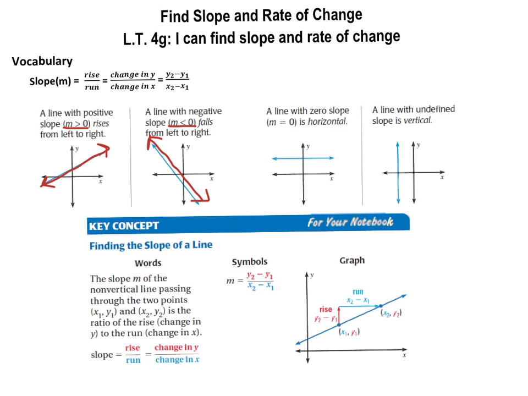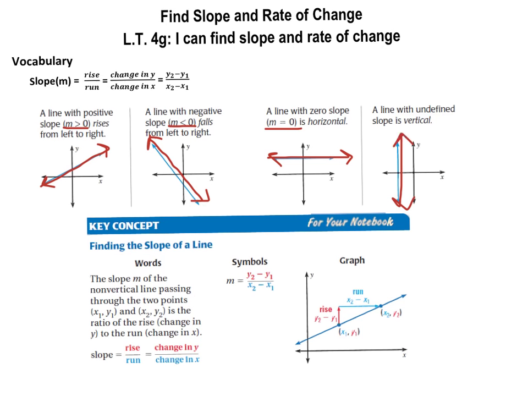Whereas a line with the 0 slope, so if your m equals 0, it just means that you're walking straight across, kind of thinking about walking straight across the ground. You're not moving up, you're not falling down. And then the very last one is called undefined. And again, my line was way off from the one that was illustrated there.